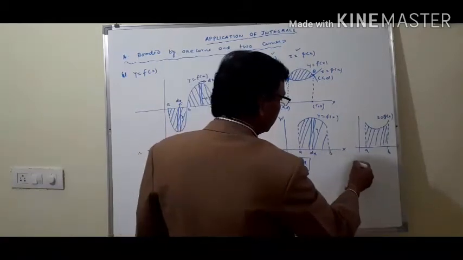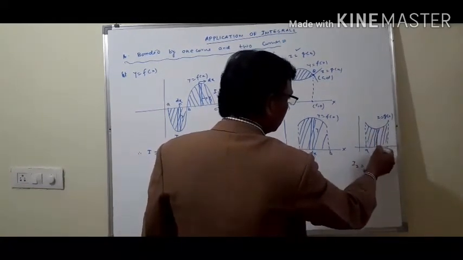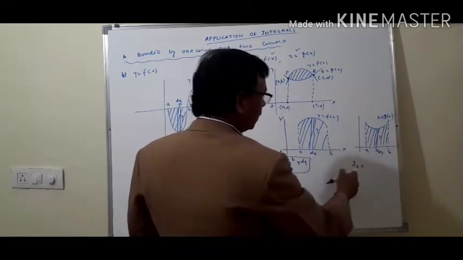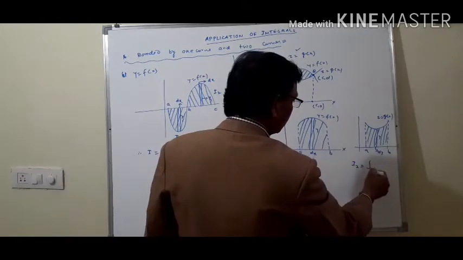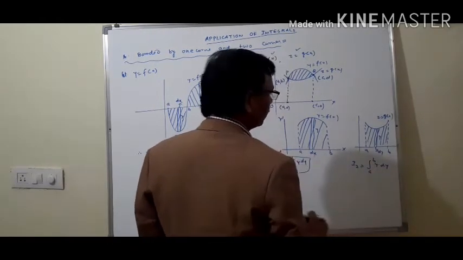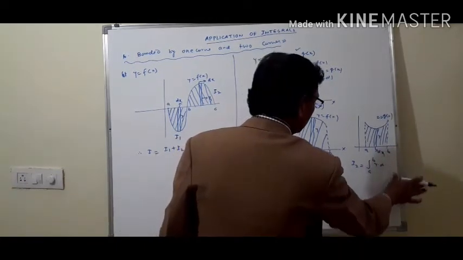This will be denoted by I2. Draw the small strip. This is dx and this is y. So I2 equals the integration from a to b of y into dx.